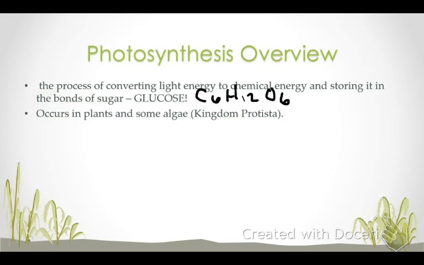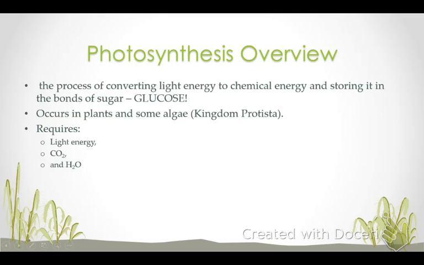You ought to recognize that from the biomolecules unit that we've already gone through. Photosynthesis occurs in plants and some algae. The main things that it requires are light energy, carbon dioxide, which is CO2, and water, H2O.